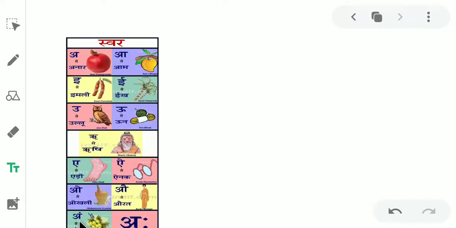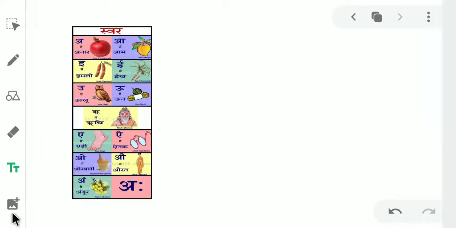Ang stands for angur, or grapes. Ah doesn't have any word starting from it, it is always used as a sound.